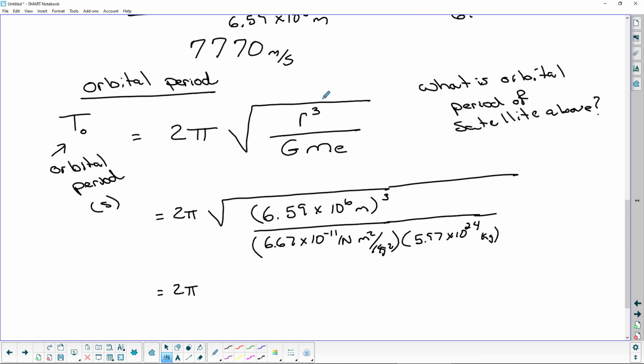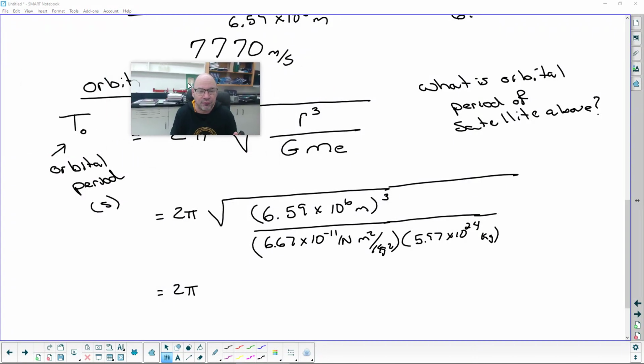Good question to ask. Okay, so then we'll divide, equal sign, and then we'll divide again. 5.97, scientific notation 24. Okay, when I do all of that, I get about 718,713, like this on my calculator. This is before I square root it.